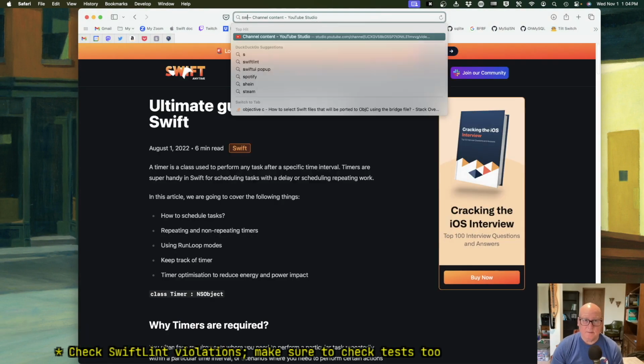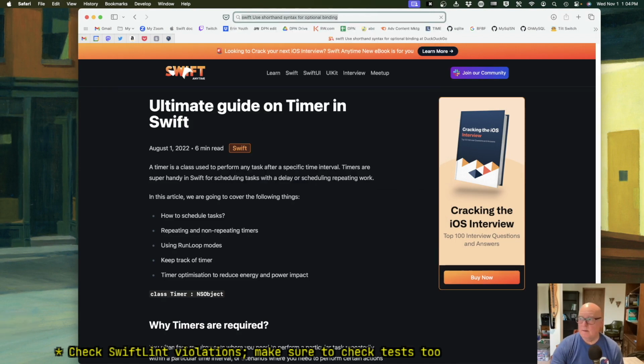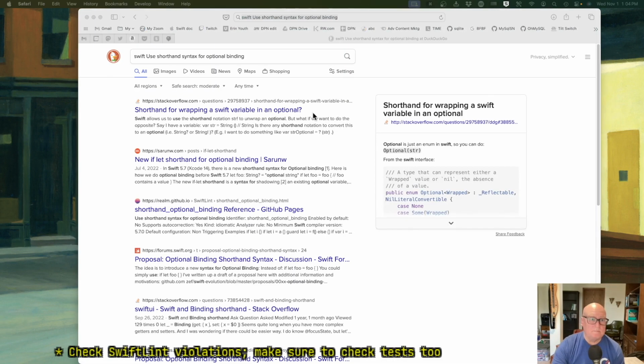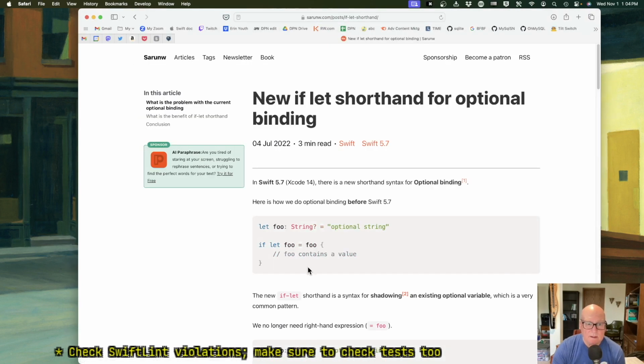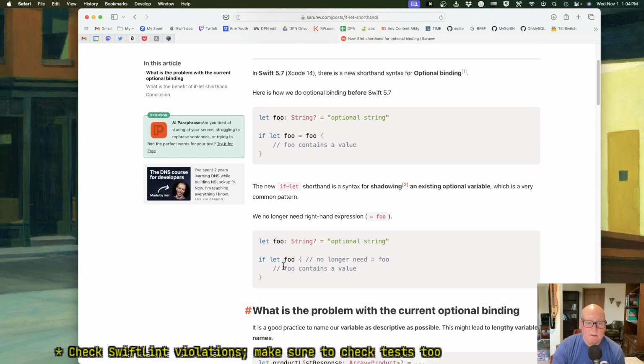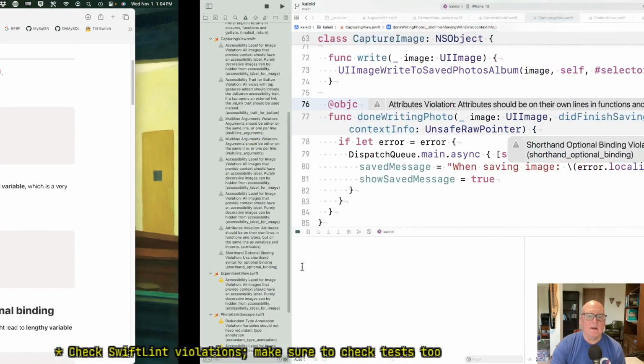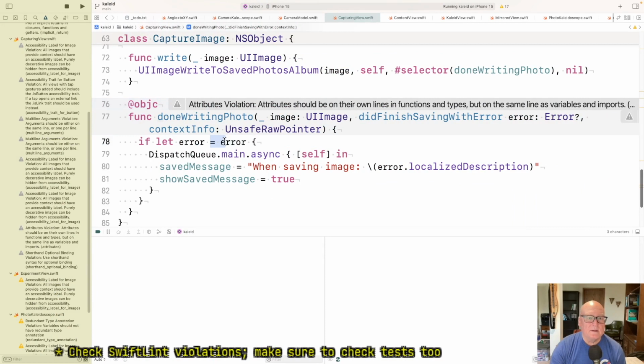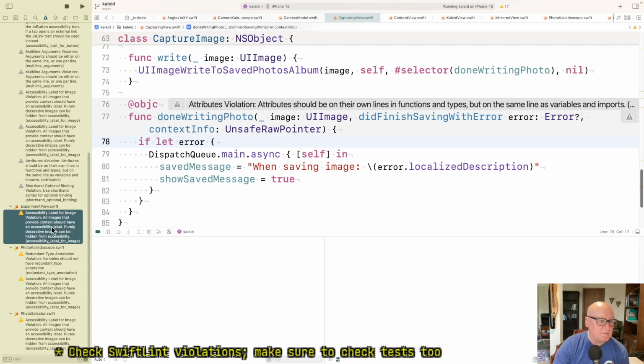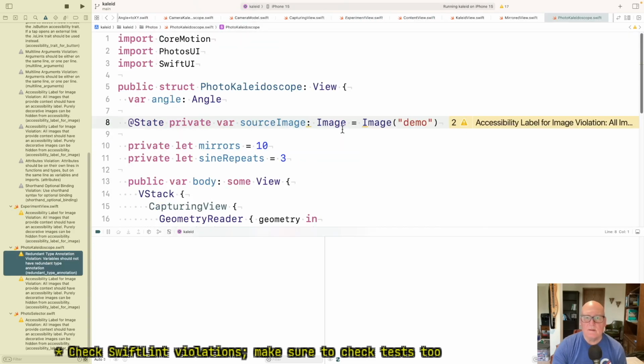Whoops. Oh, if let, I gotta get with the program. If let foo, okay, good. I should get used to that one. All right. Accessibility, redundant type, yeah, that's true.